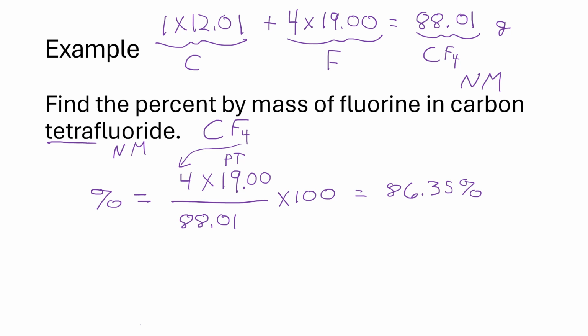That's going to have 4 sig figs. The 88.01 has 4 sig figs, and then the 4 is a defined number from the formula for the compound. Sig figs don't apply, so we're going to keep 4 sig figs in our final answer, and that's telling us that this compound is 86.35% fluorine.